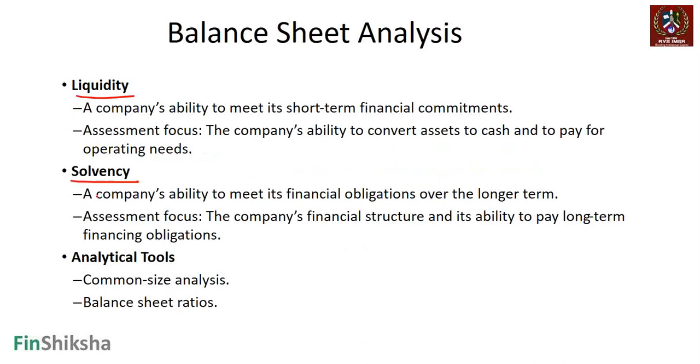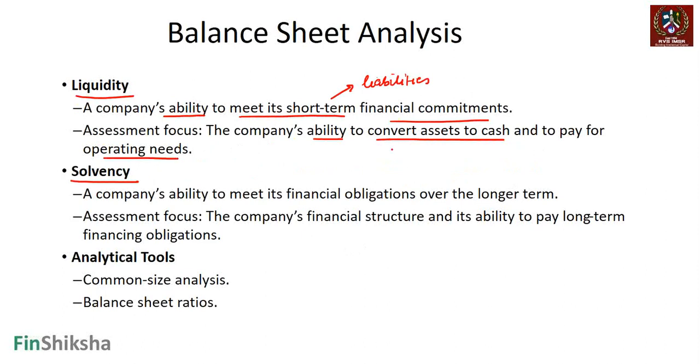So what are these? The liquidity is essentially the company's ability to meet its short-term financial commitments, or in other words, short-term liabilities, right? That's what the company is supposed to meet in the short term, and that's what ability of the firm is known as liquidity, right? The assessment focus is obviously the company's ability to convert assets to cash quickly and basically use them to pay for the operating needs using those assets.